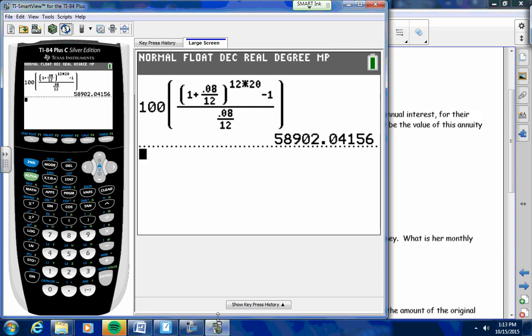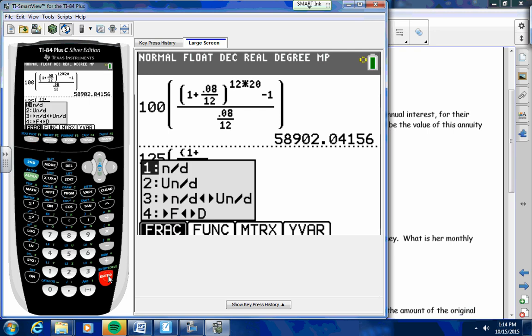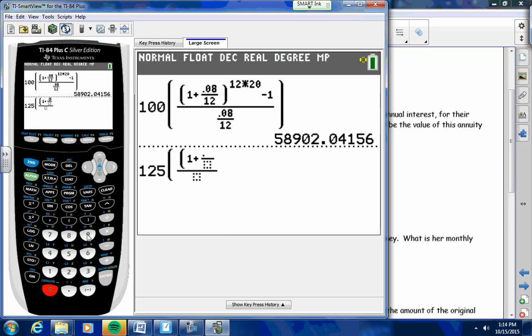All right, so in the calculator, 125, parentheses, fraction. In the numerator, parentheses, 1 plus a fraction, 0.09 divided by 12, close parentheses, raised to the power of 12 times 18. On the same line in the numerator, minus 1.